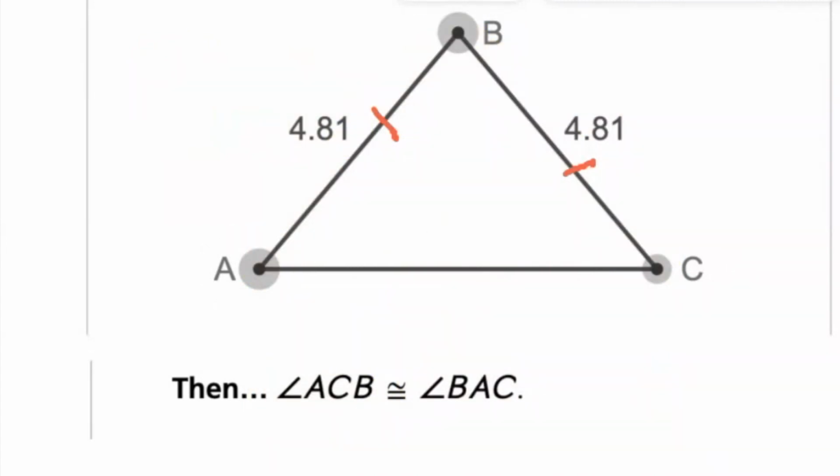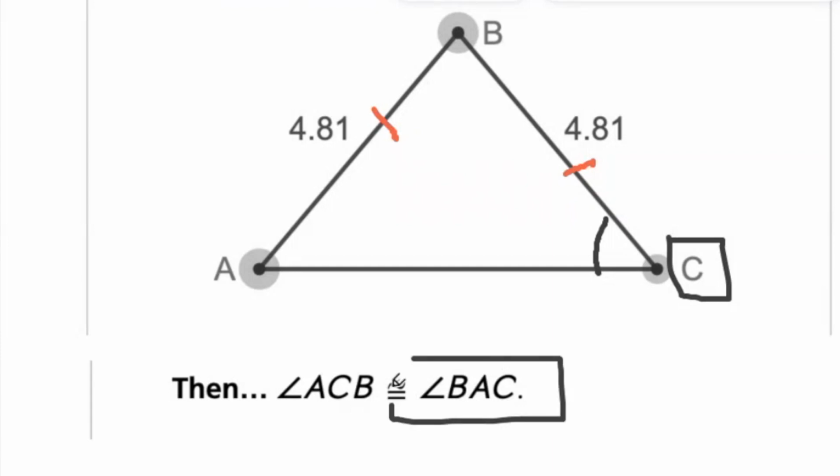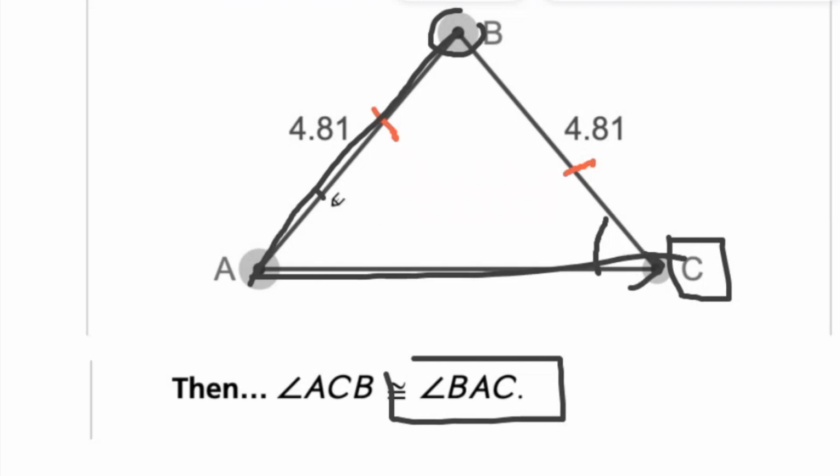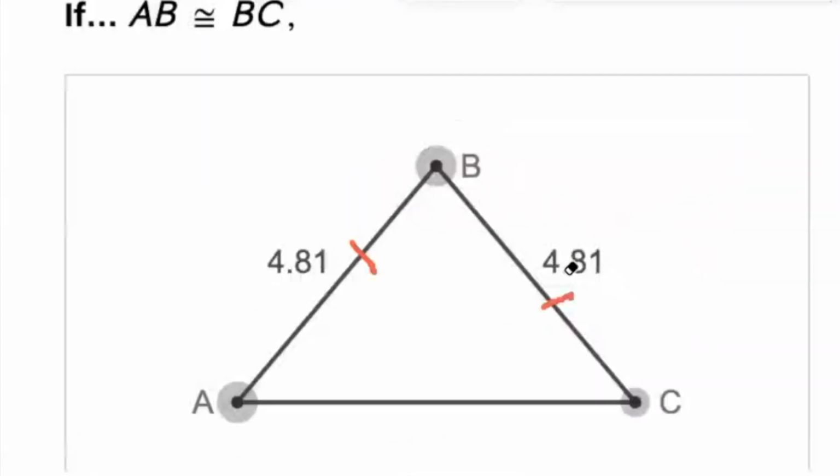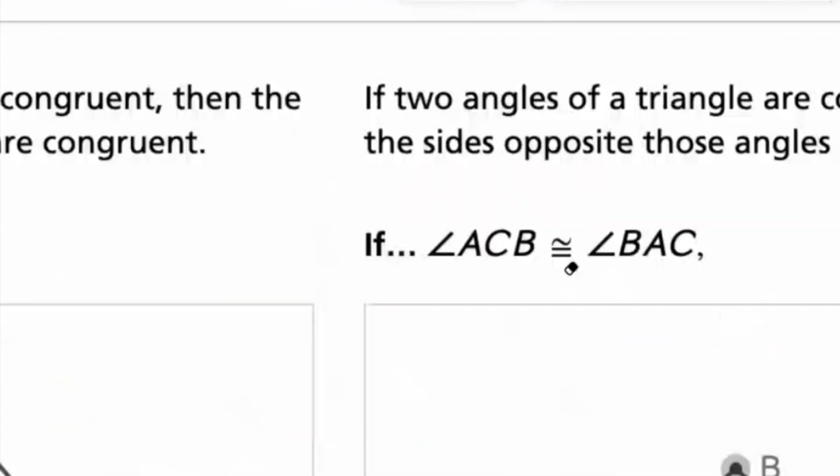ACB, which is this angle at vertex C, is congruent to angle BAC. You start from B and make your journey B to A to C, so your angle is this angle. These two angles are congruent. That means they have the same size. Okay, this is your theorem. You know it before. This is not new. We're going to cover it again.